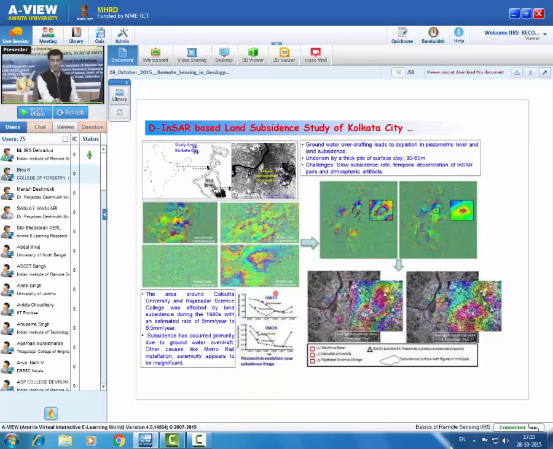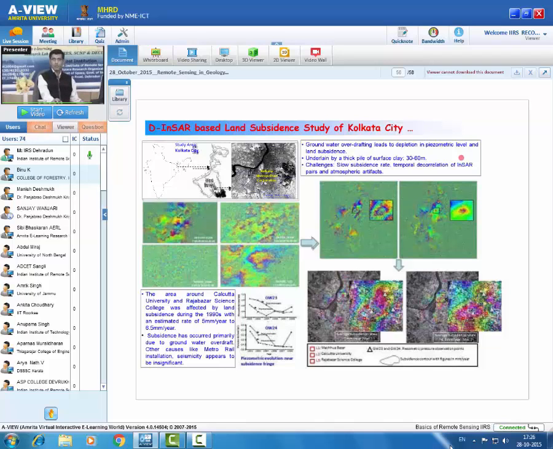If you identify the area affected by severe groundwater depletion, then you can take measures. You can recharge groundwater so that the groundwater level can be improved. This kind of study is very helpful for preventive measures against major collapse. This is very important, and this work has been done with other collaborative agencies.